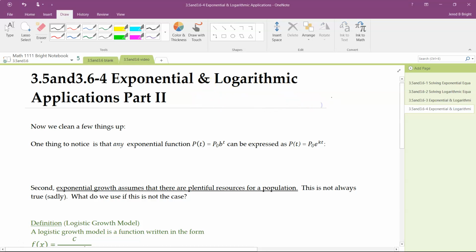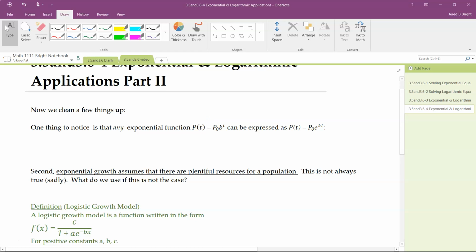Alrighty, now onto the applications. I have to clean up a few things that I glossed over, so I would be remiss to not point this out. Any exponential function of the form P sub 0 b to the t can be expressed this way. We insert an identity: b to the t is the same as e to the natural log of b, all to the t.